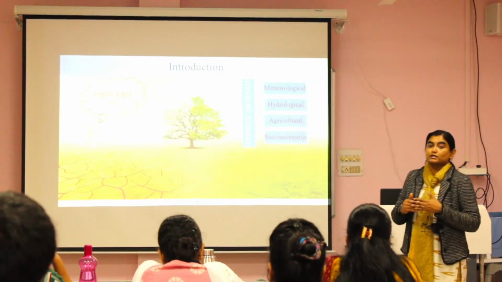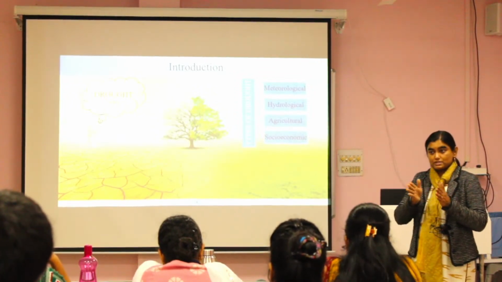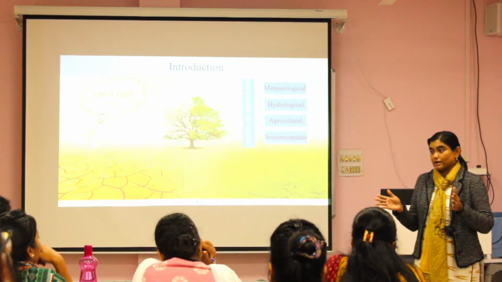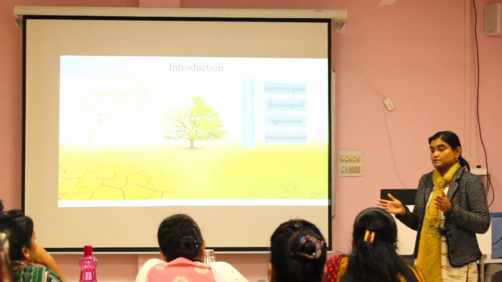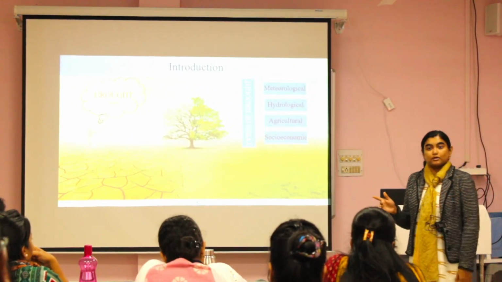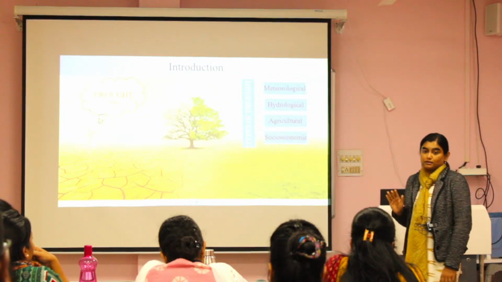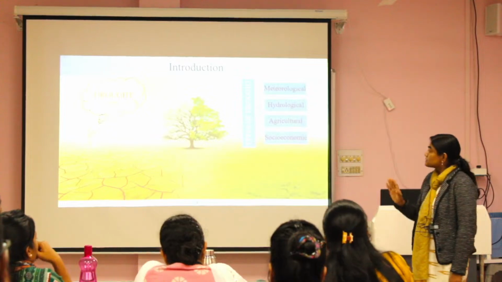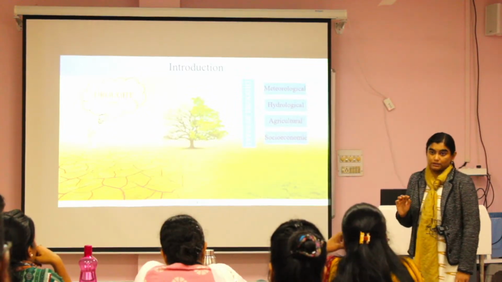If the departure from the normal or average annual rainfall is significantly deviating from the normal values, then we have to categorize that as a drought year, and that is meteorological drought. The second one is hydrological drought.